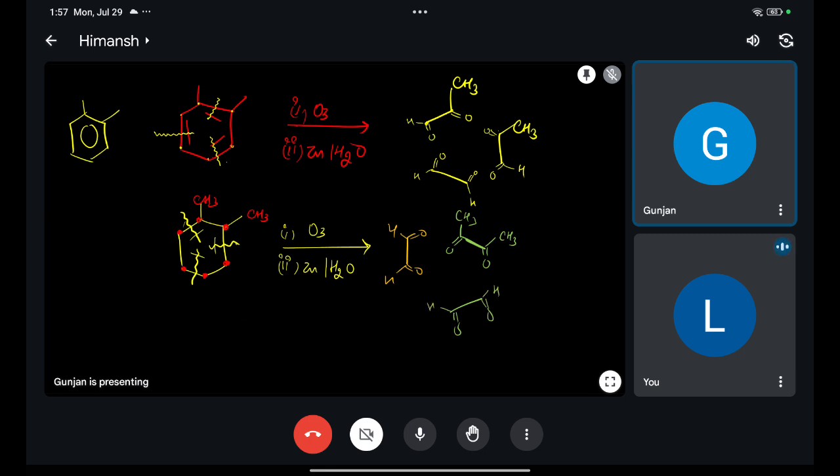Ma'am, I also drew the same, CH3 double ketone. Yes, instead of hydrogens, if you place CH3, it will be correct. You have to create it like that. Got it? Yes, ma'am, got it. Now I guess that the ozonolysis concept is clear to you, isn't it? Yes, ma'am, it's clear.